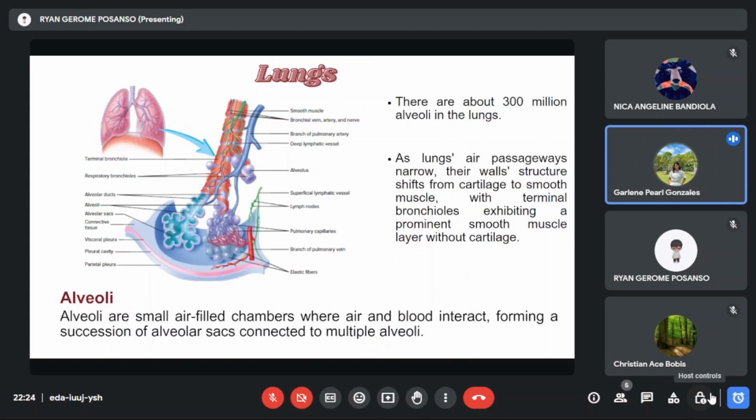So secondly, as the lungs' air passageways narrow, their wall structure shifts from cartilage to smooth muscle, with terminal bronchioles exhibiting a prominent smooth muscle layering without cartilage.